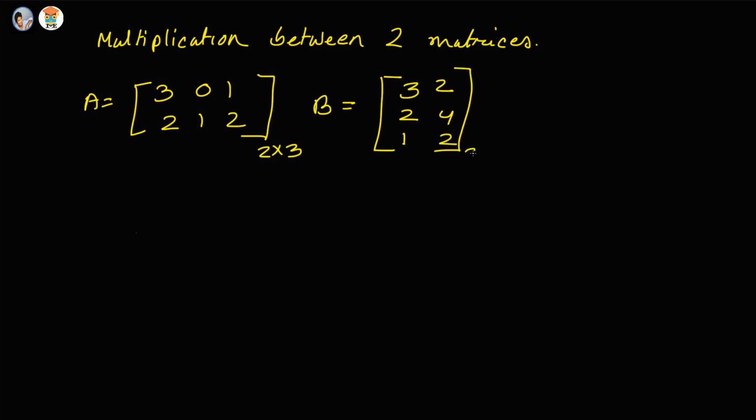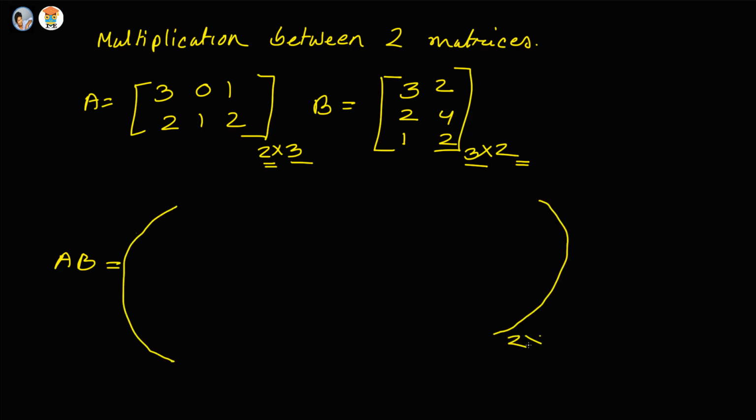So this has a dimension of 3 by 2, as there are 3 rows and 2 columns. Here multiplication is possible because number of columns of first matrix is equal to number of rows of second matrix. So we want to find out A, B, and the matrix that we will have 2 rows and 2 columns.